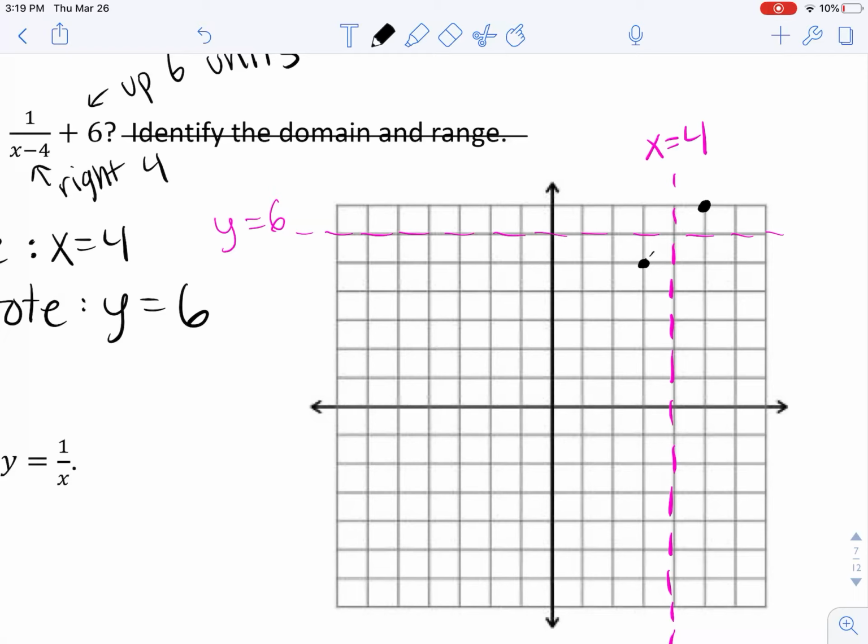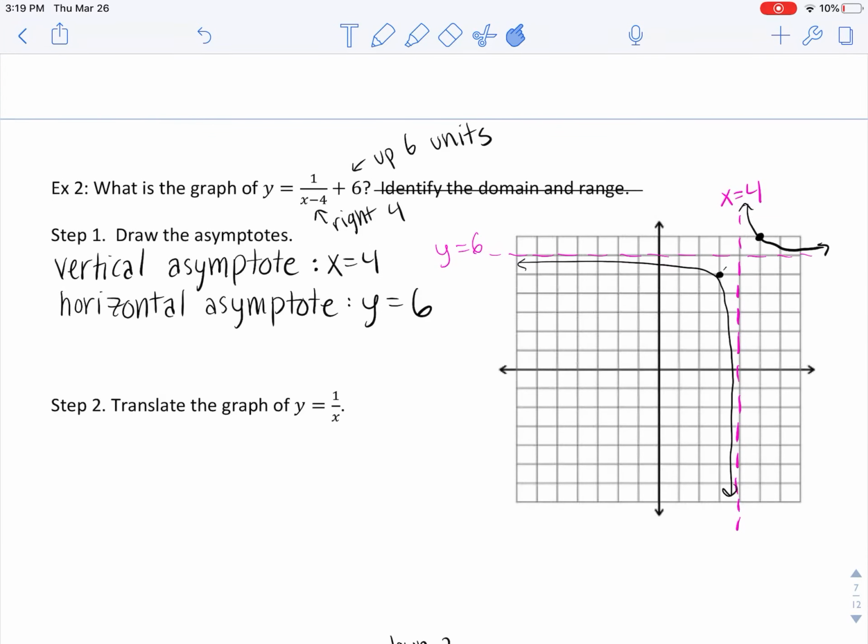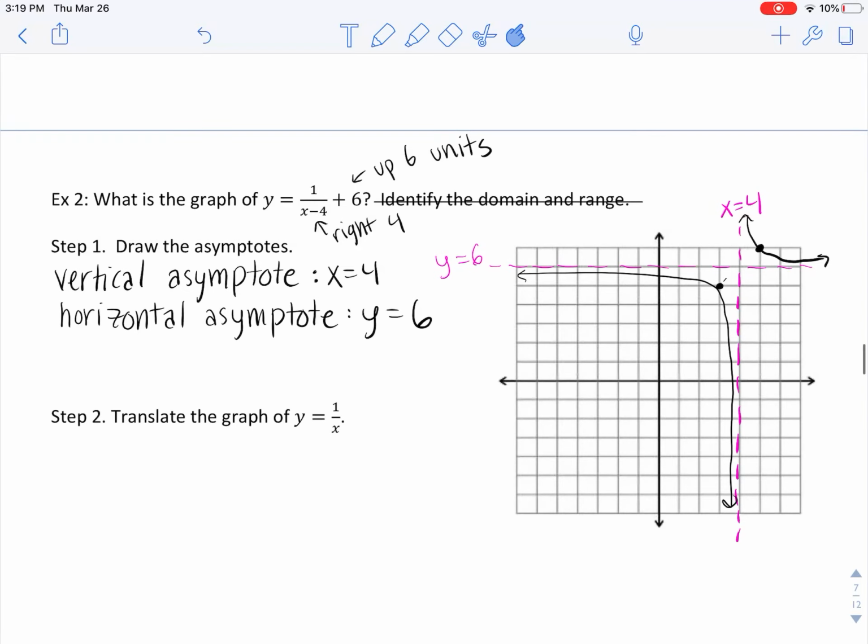And then at that point you can just use your asymptotes. So get close to your asymptotes, go through that point that we know is always going to be there where our asymptotes lie. Same thing up here. I know it's going to get close to the asymptotes and it's going to go through that one point right there. So there would be the graph of y equals 1 over x minus 4 plus 6 using translations.